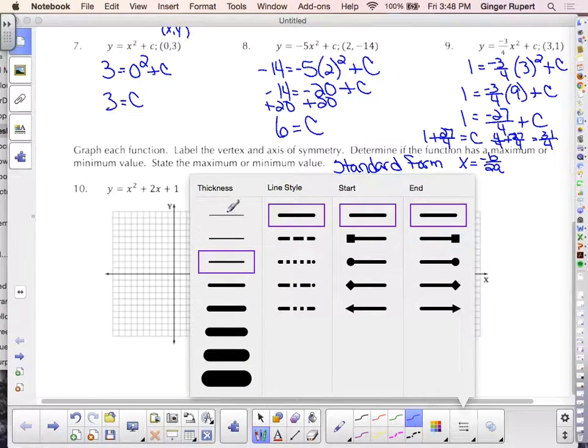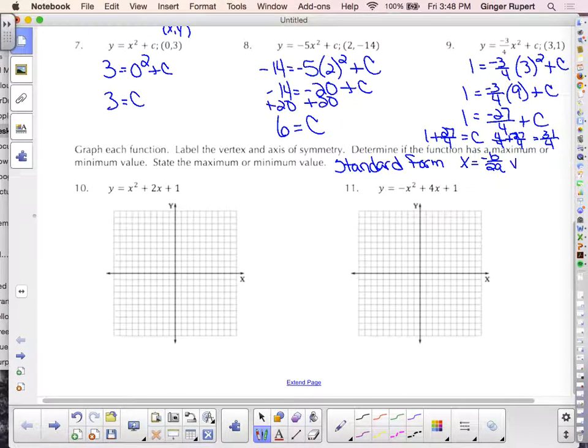Let's write that as y is equal to f of minus b over 2a. And that's my ordered pair for my vertex. It's important that you remember that minus b over 2a gives you the x-coordinate of the vertex, also the axis of symmetry. So let's find that first.